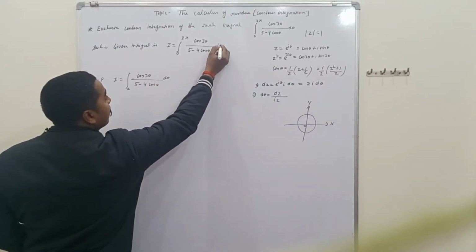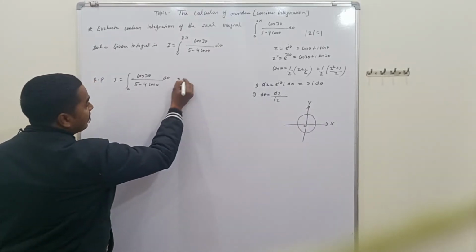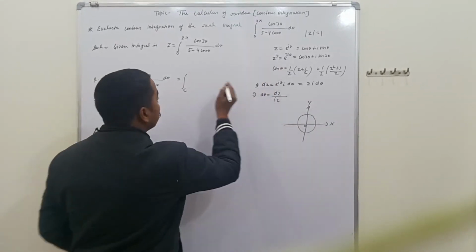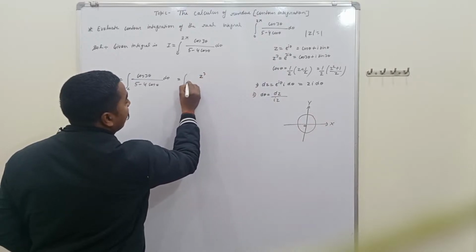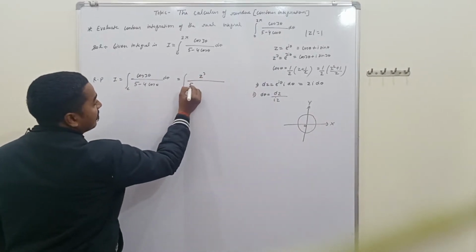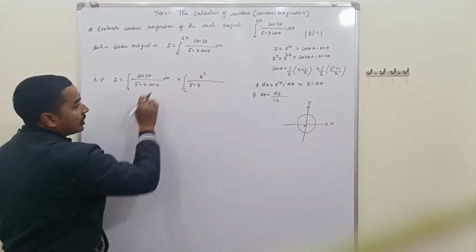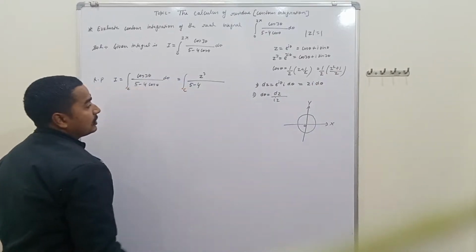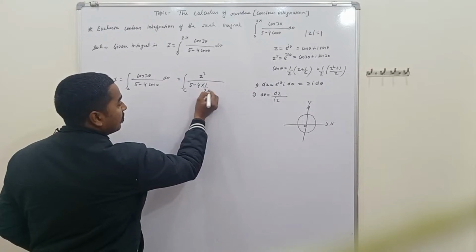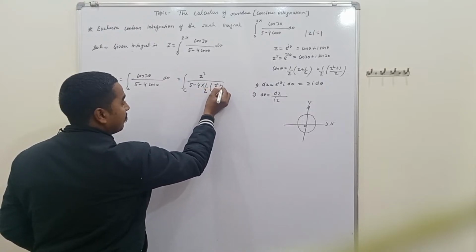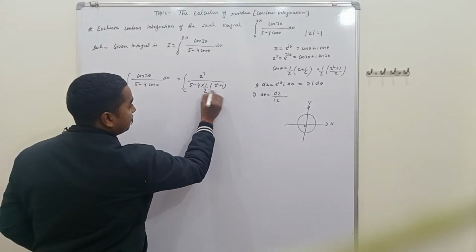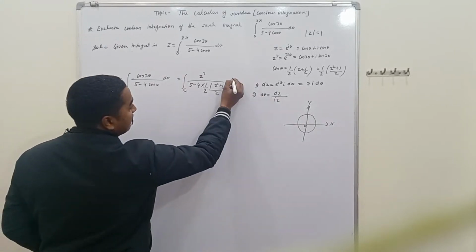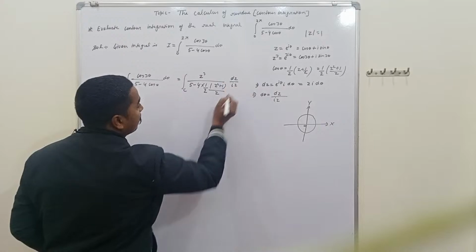In place of cos 3 theta we put z cube, that is z cube upon 5 minus 4, and in place of cos theta we put 1 by 2 times z plus 1 upon z, and in place of d theta we put dz upon iz. Further we have to solve.